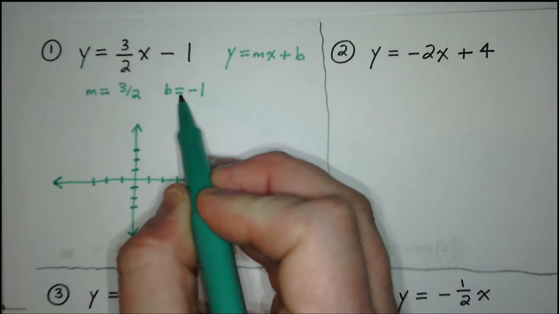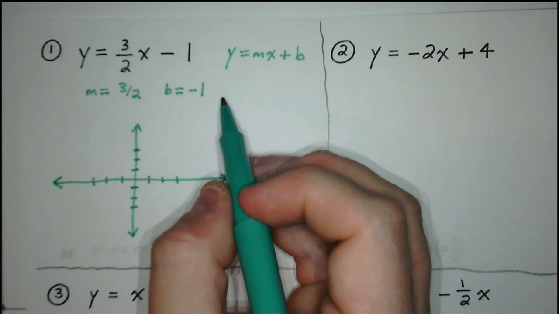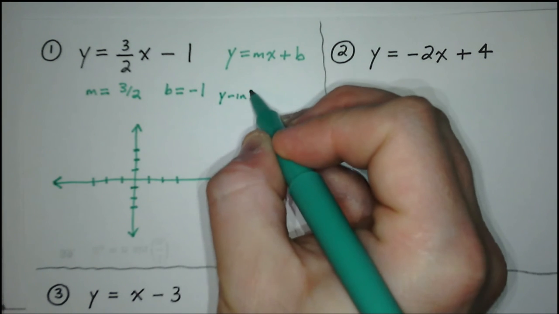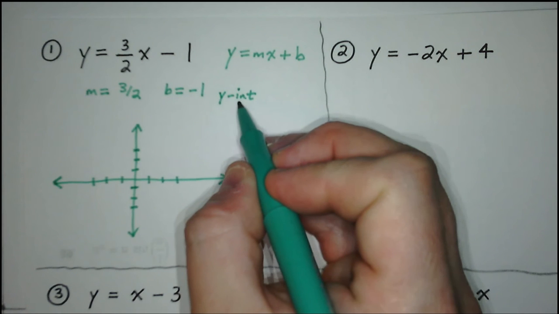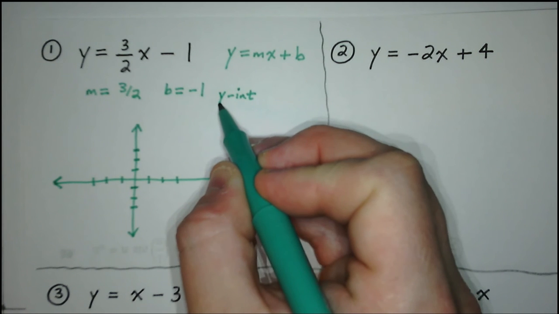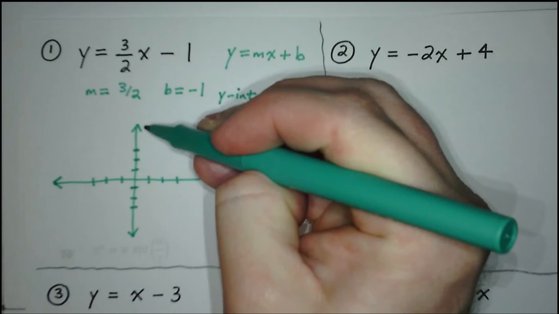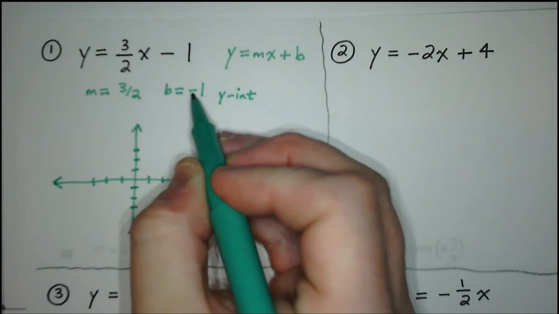So remember, this -1 is our b value, which means it's our y-intercept. It's where our line is going to intercept the y-axis. This is our y-axis. So here's what we do. We begin with b.